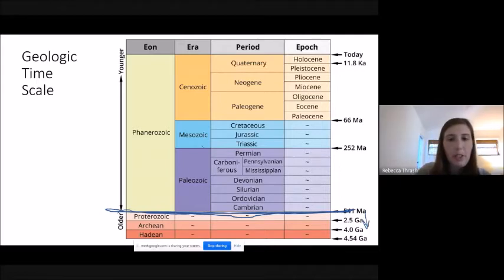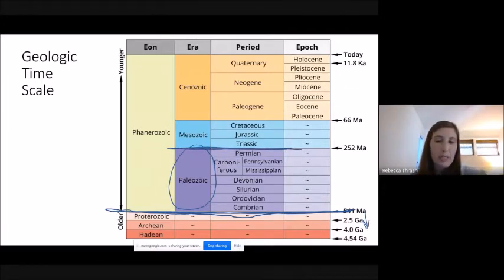So this is the Paleozoic era here, and it ends with one of the most significant extinction events. The Permian extinction event was the most impactful as far as biodiversity is concerned. I think up to 60% of living things at the time, or living families, died out.